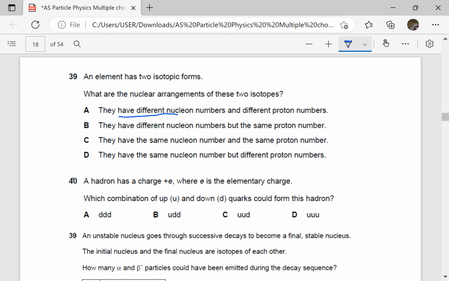They have different nucleon number and different proton number. That's not true. They have different nucleon numbers but the same proton number. That is true. They have the same nucleon number and the same proton number. It is not possible to have the same nucleon number and the same proton number. They have the same nucleon number but different proton number. That one does not make them isotopes.